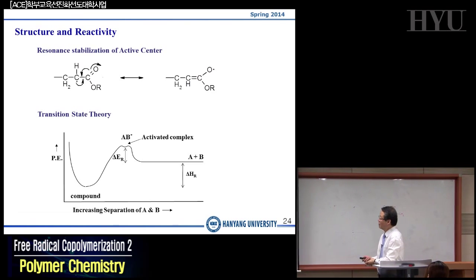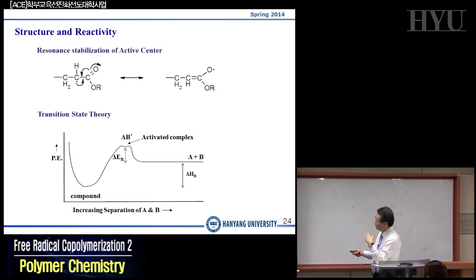Okay. Now, if you take a look at the Lennard-Jones potential energy diagram, the potential energy will be constant, of course, but increase as your two atoms, A and B, get together. Then you have to overcome your activation energy, assuming that you have an activated complex, which is a mountain. The distance from the top of the mountain to the level where you start is called the activation energy.